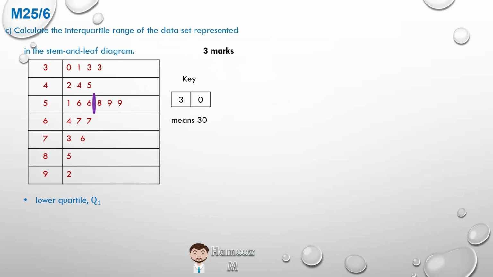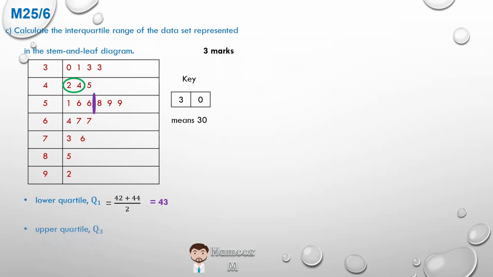So it's the middle of 10 numbers. If we put up 10 fingers, the middle of them is between the 5th and 6th. So the 5th number is 42, and the 6th number is 44. So what's the middle of 42 and 44? Well, we could easily identify it on a number line, or we can just add and divide by 2, and it's going to give us 43. So that's Q1, the lower quartile.